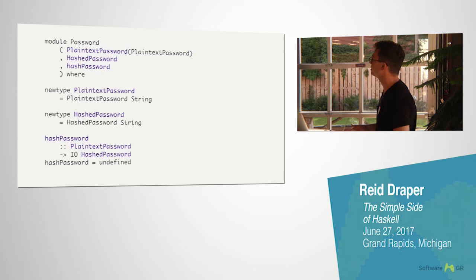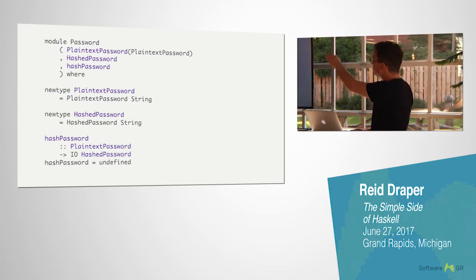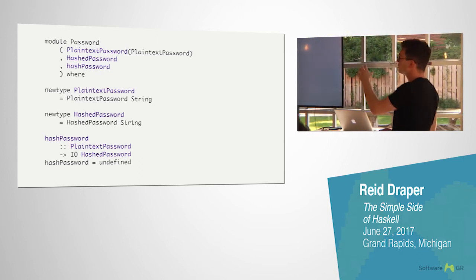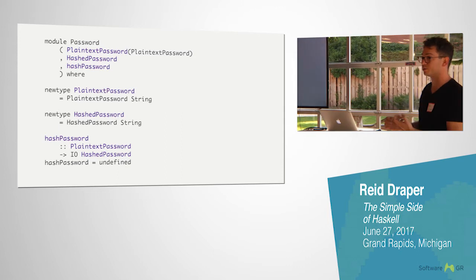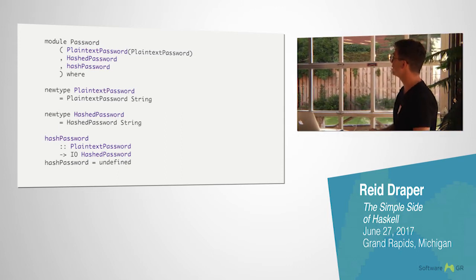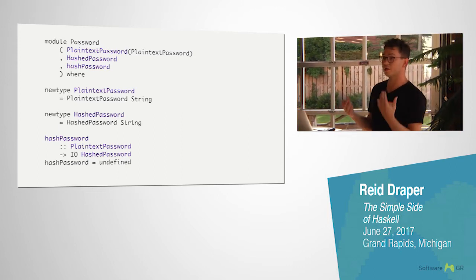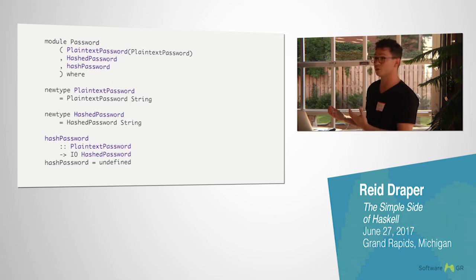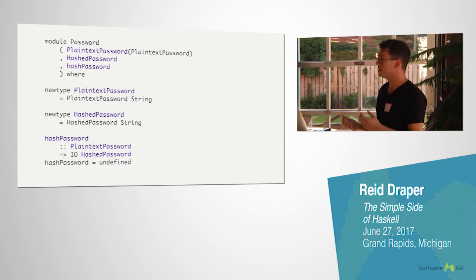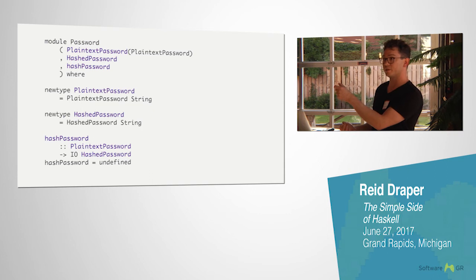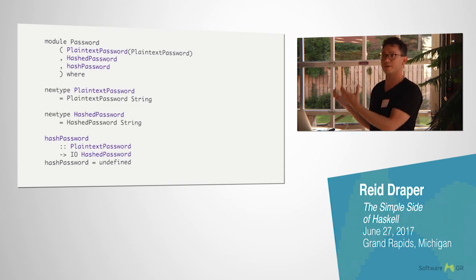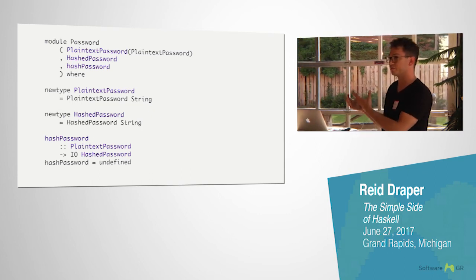Don't worry if that doesn't make a ton of sense. But with hashed password, we're only exporting the type hashed password. Basically what that means is that other modules, other programmers can use this type, but they can't just create them out of thin air from a string.